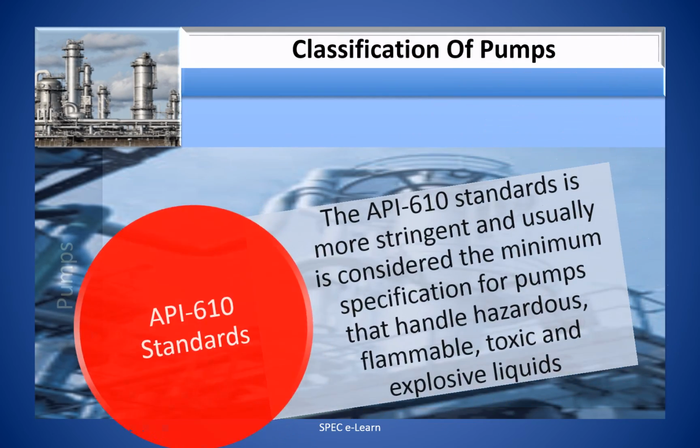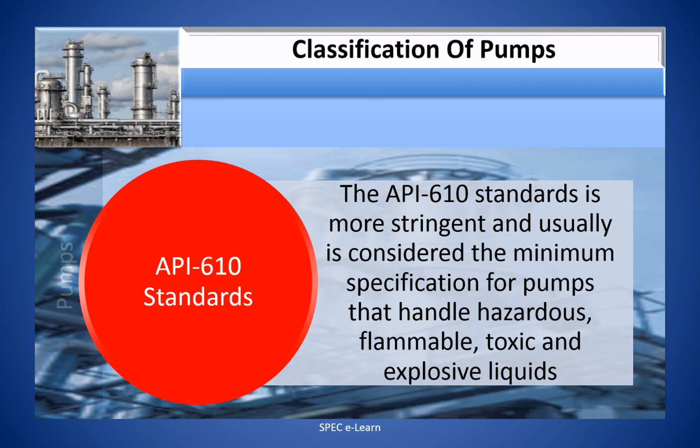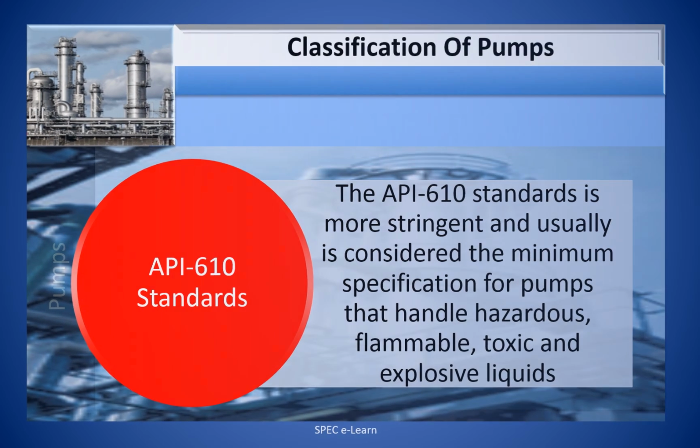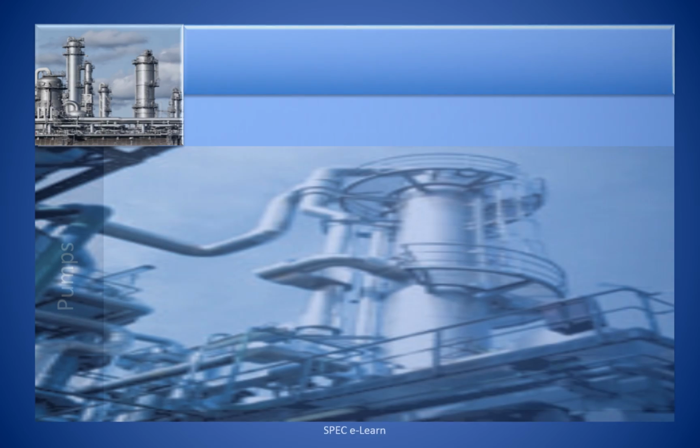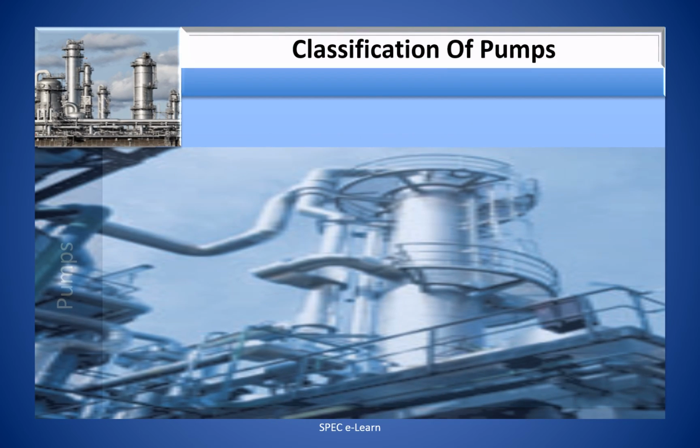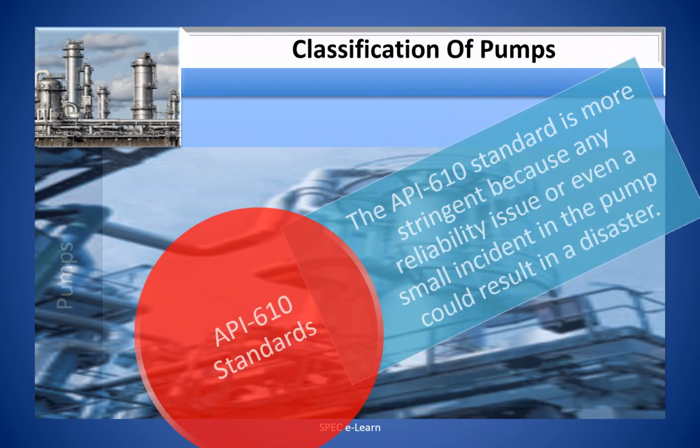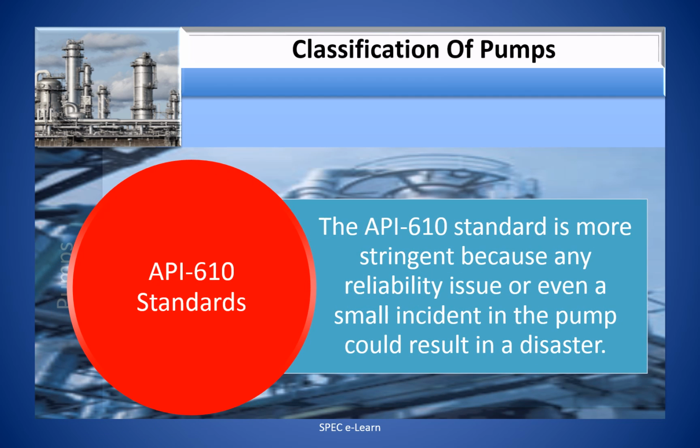The API 610 standard is most stringent and usually is considered the minimum specification for pumps that handle hazardous, flammable, toxic, and explosive liquids. It is most stringent because any reliability issue or even a small incident in the pump could result in a disaster.